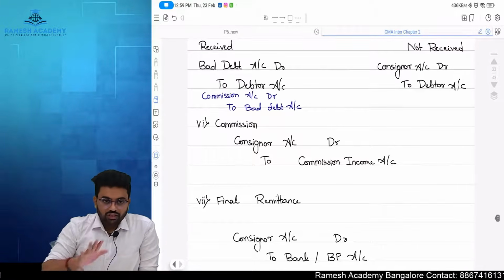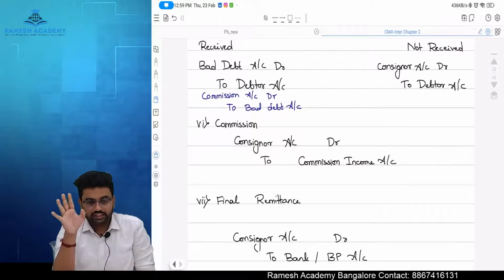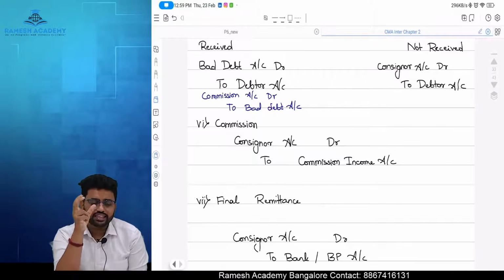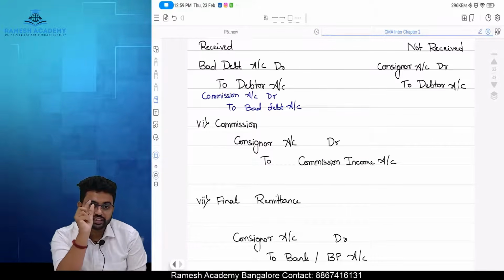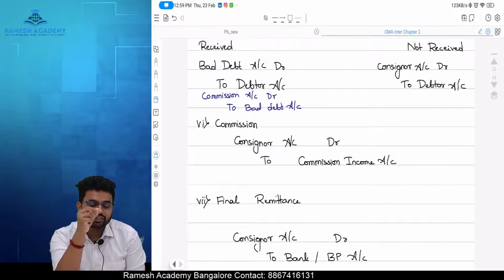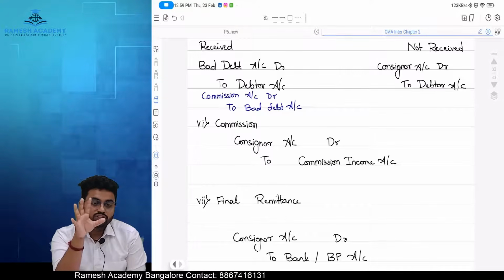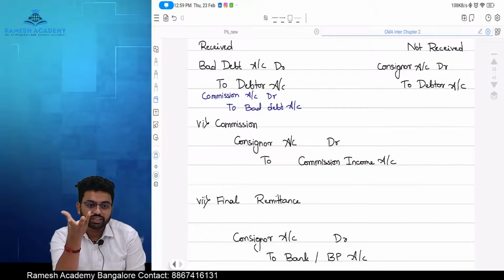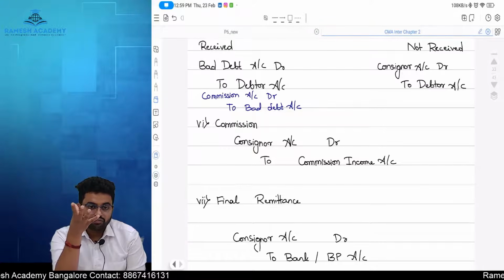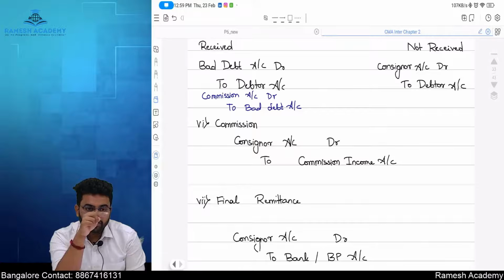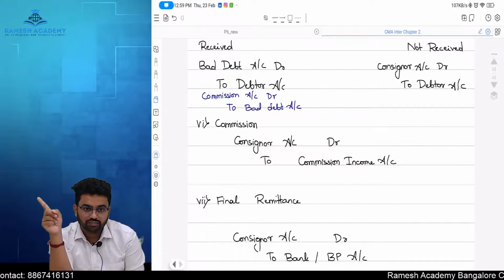Okay, so much is only in the consignment. Of course, when it is there in the invoice price, we have to look into the percentage very carefully, whether it's on sale or whether it's on cost. If you solve it on the basis of the equation method, it will be very easy. For example, invoice price is equal to cost plus loading.